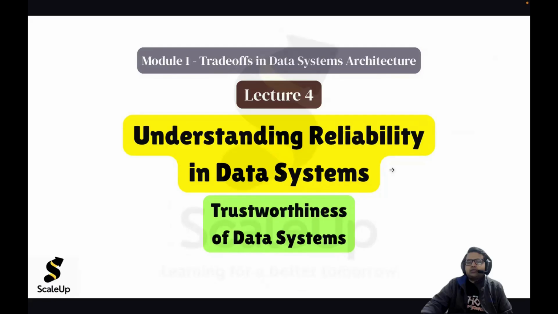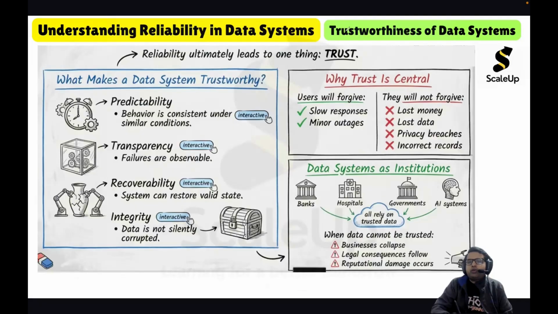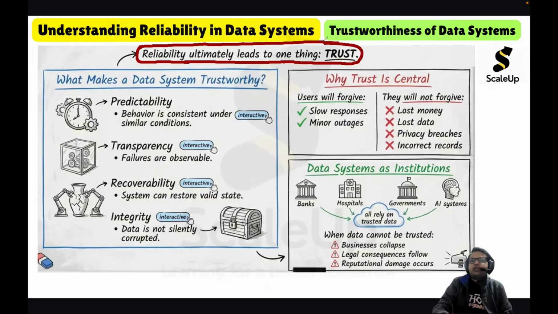Trustworthiness of data systems. Now, this is very important. Reliability is the key to trust, because reliability ultimately leads to one thing, and that is trust. So we can achieve trustworthiness of data systems via reliability.